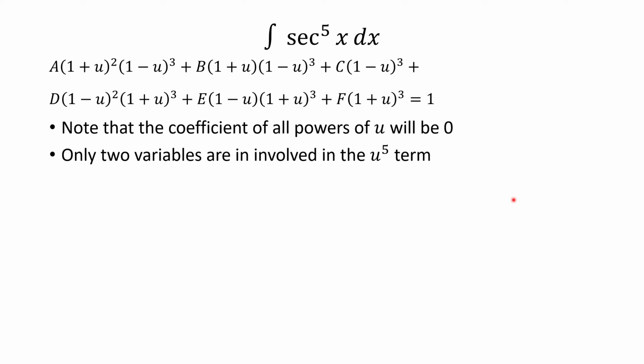So if we look at the u to the 5th term, where do we get u to the 5th? We're going to get a u to the 5th here, right? And here we'll only have u to the 4th, u to the 3rd, u to the 5th here as well, u to the 4th and u to the 3rd. So these are the only 2 terms that are going to have a u to the 5th at all.